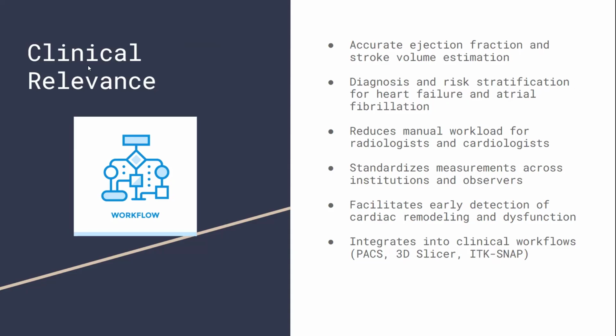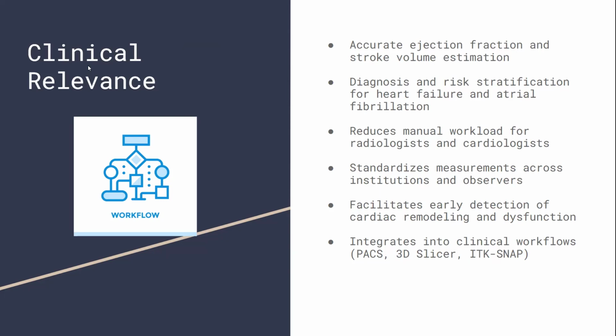As I mentioned before, another big problem was the variability between cardiologists and their assessments. So this would help standardize measurements across not only cardiologists working in the same lab, but also across different institutions and observers across multiple locations.